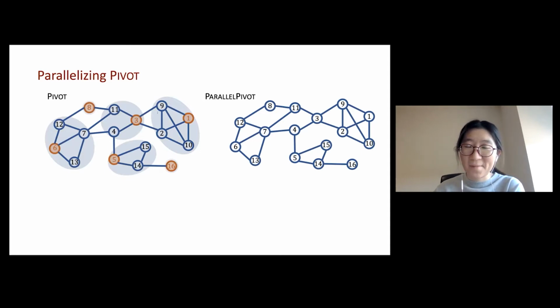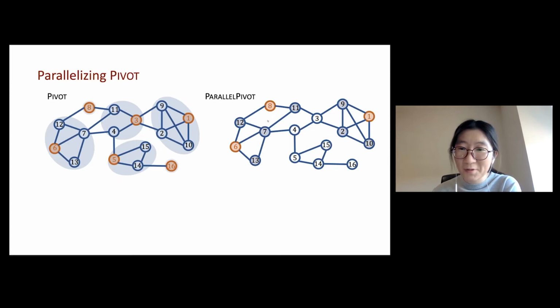And now let's look at how the parallel pivot algorithm works on the same input graph and the same permutation. The main difference here is that now in each round, it picks multiple pivots, namely all the vertices that have local minimum rank in the current graph. So for example, in this example, in the first round, the vertices 1, 6, and 8 here will be the pivots.